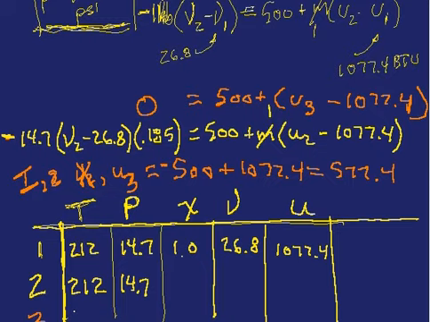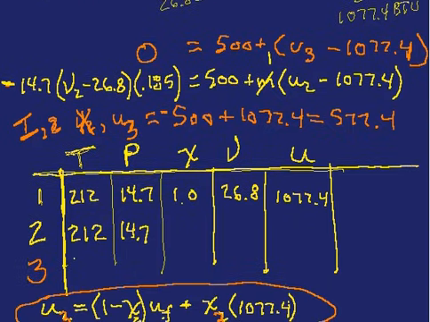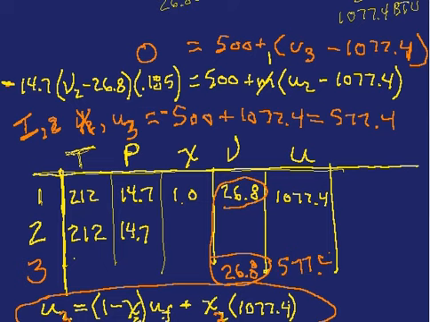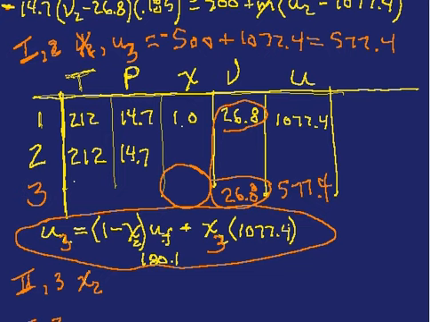Now this seems to be a little easier to solve, but you'll see in a minute it's not quite true. We know that V3 is the same as V1 because the volume did not change. So V3 is 26.8, and we know that U3 is equal to 577.4. Now if we assume that it's saturated at that point, all we need to do is find the quality that gives us saturation, but we really don't know what the pressure or temperature is.